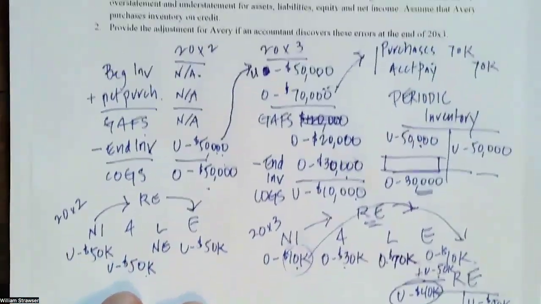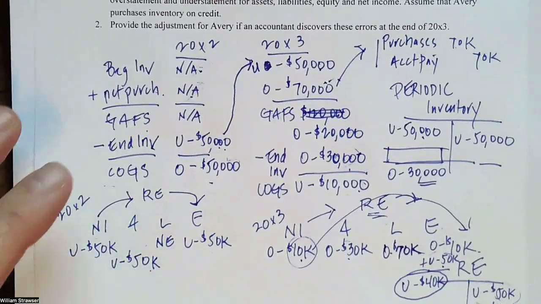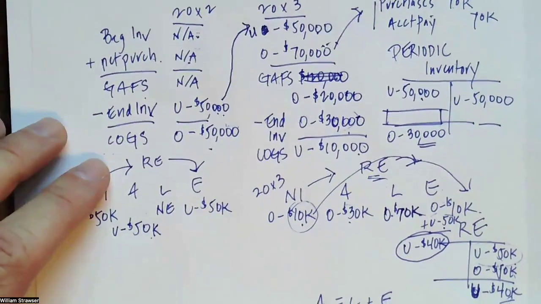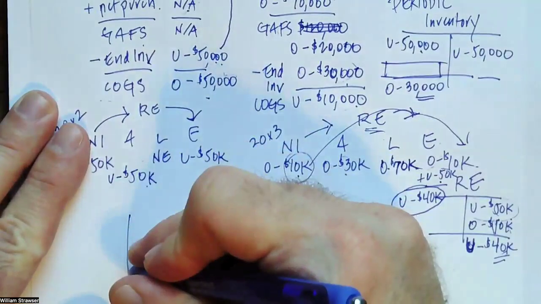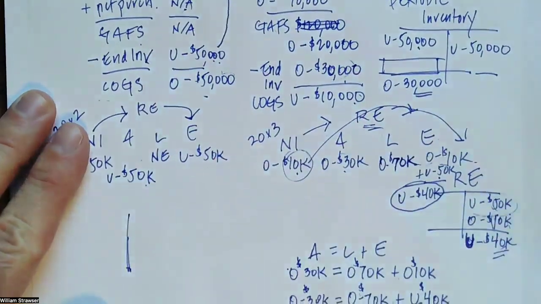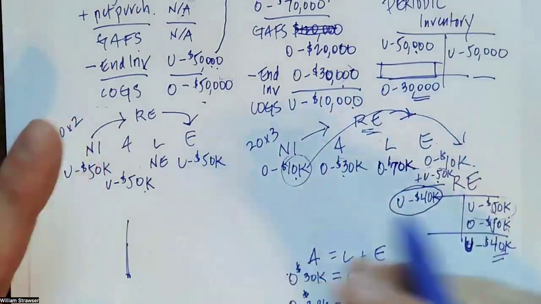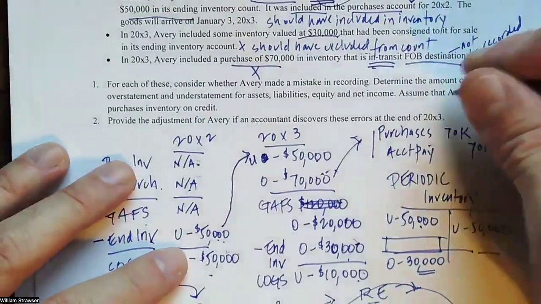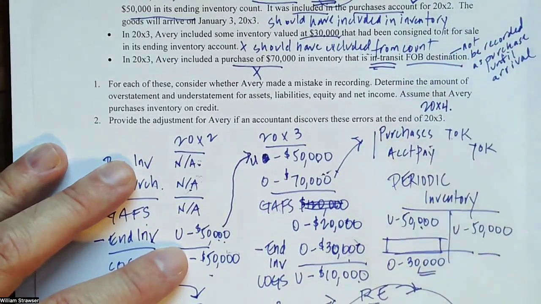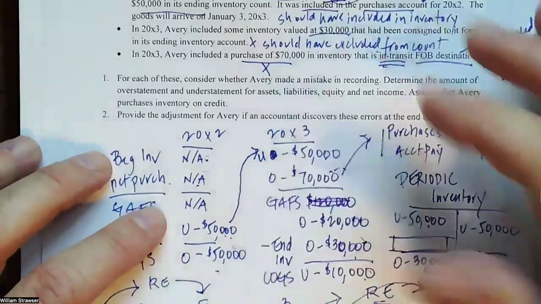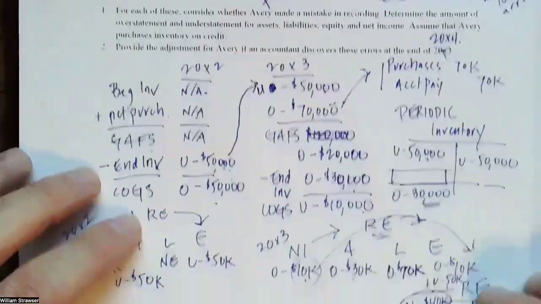The final piece asks for an adjustment if the accountant discovers those errors. And if we discover the errors, really what the adjustment should look like is something along the following. I'm going to pretend, because it makes it easier for us, that the accountant found it in 20x4, when all this had been closed into the system, because otherwise we have to do a couple of things.